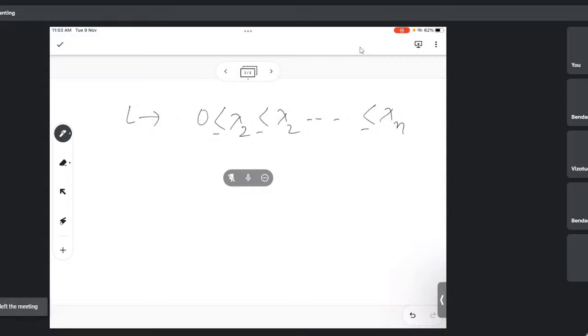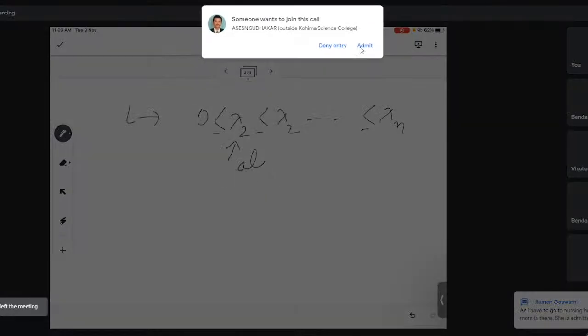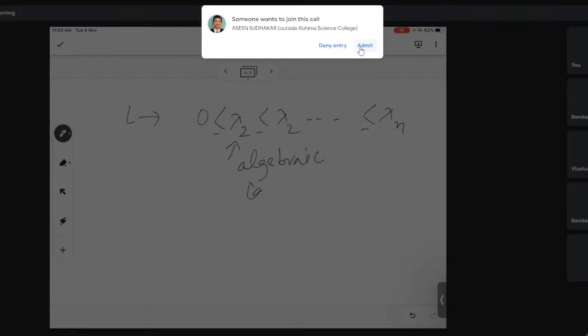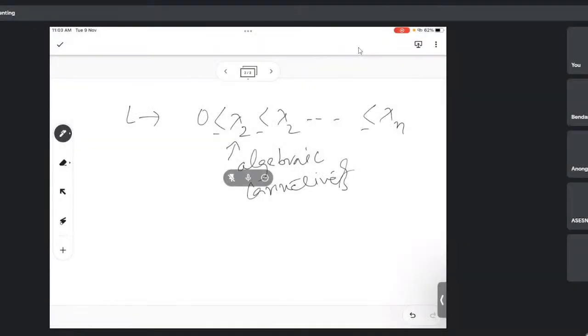Here the second eigenvalue is very interesting. This is known as algebraic connectivity. Why? Because this eigenvalue will tell us whether the graph is connected or not.